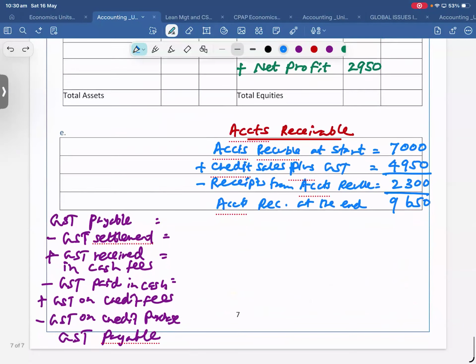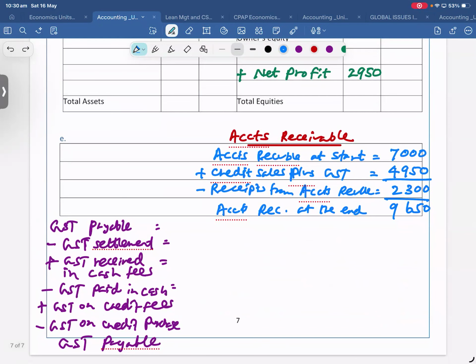Similarly, do you think you can calculate accounts payable? Accounts payable stuff is, I'll use the same space.